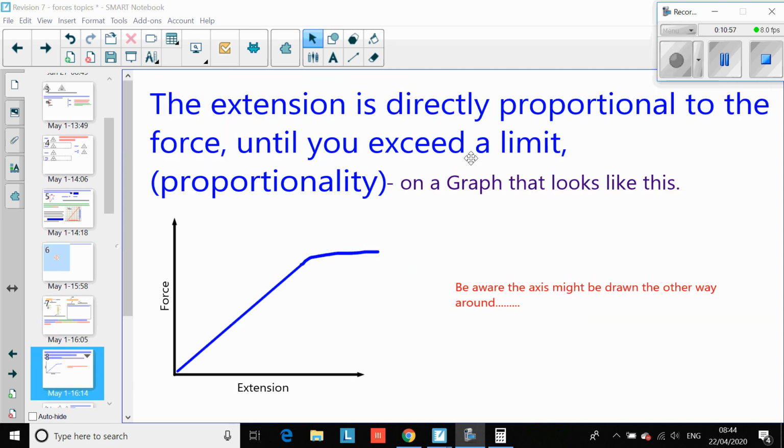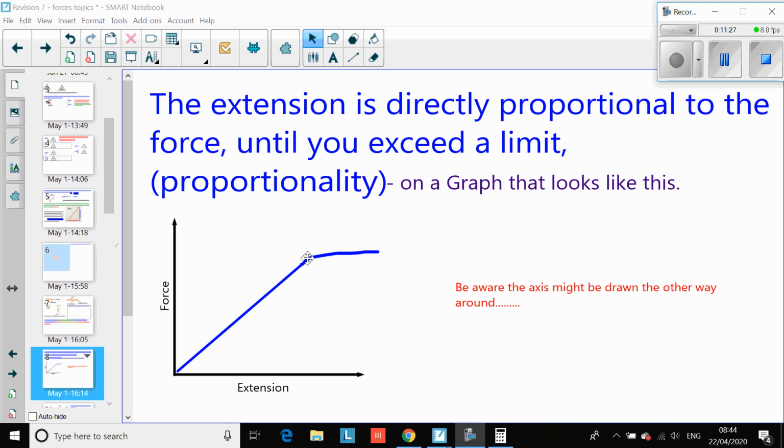Right, so when you stretch an object, it is directly proportional to the force until you exceed a limit. So Hooke's law is basically saying this. As you stretch an object, the amount of force needed to stretch it is proportional to how much it will stretch, its extension. So force and extension are directly proportional until an object reaches a point, usually about here, where it'll start to overstretch.